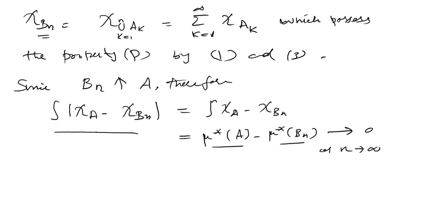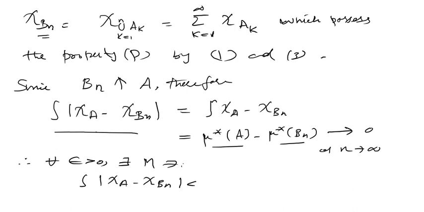Therefore for all epsilon positive there exists some capital M such that the integral of mod of chi A minus chi Bn is less than epsilon for all n greater than or equal to M. In particular it's true for this M also.